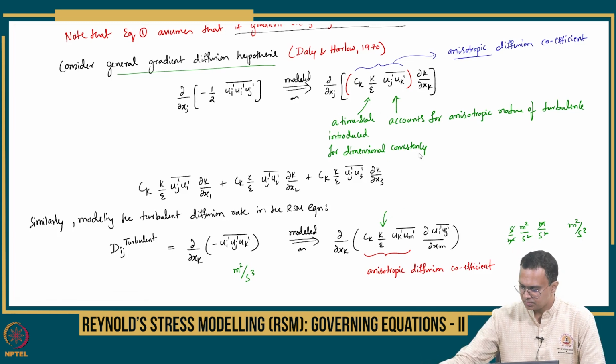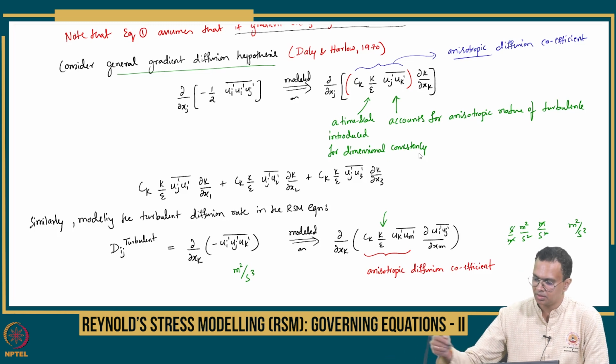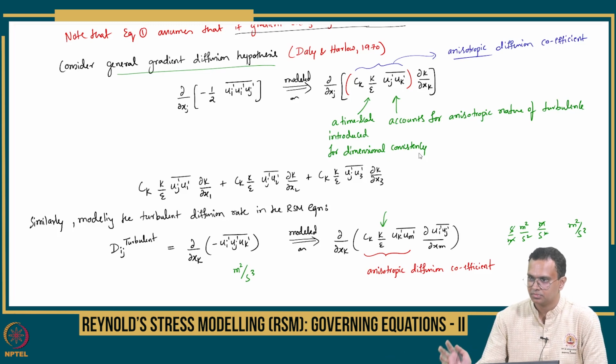But there is a problem. If you implement it like this, the question comes, why did we do this? This is great, anisotropic diffusion, but we did not do this in the K modeling equation. That's because this introduces numerical stability issues. It is already strongly coupled, and this leads to some coupling issues, but one can try it out. For a given problem it may work.